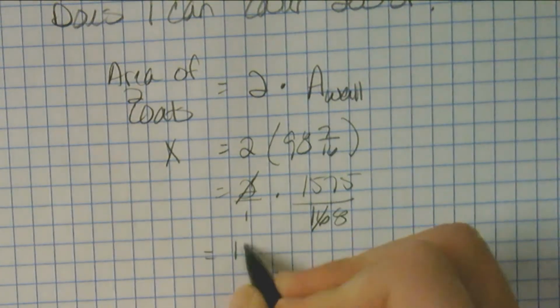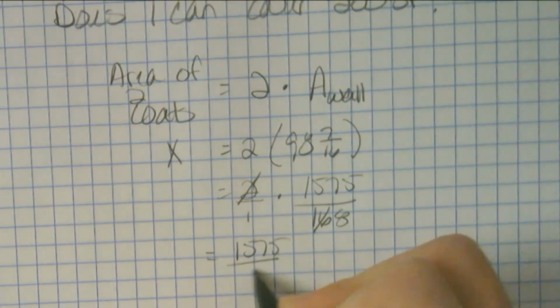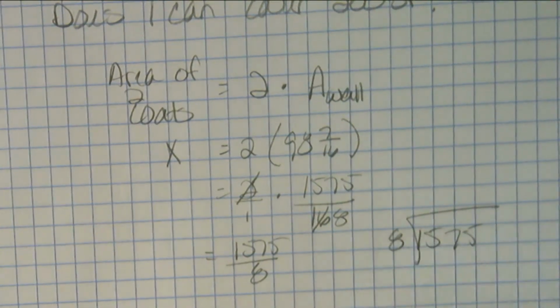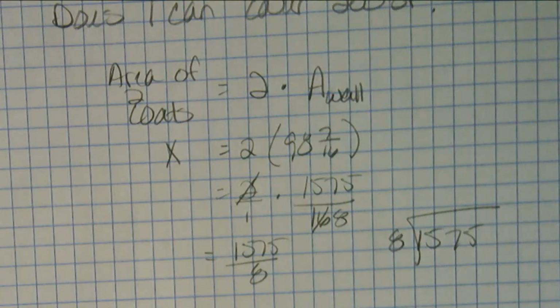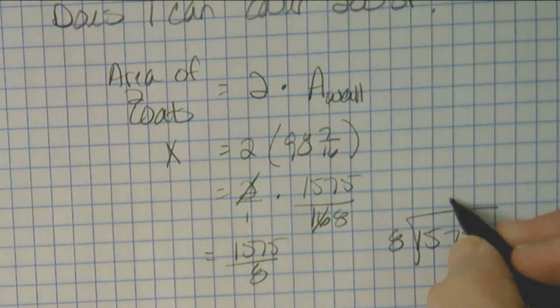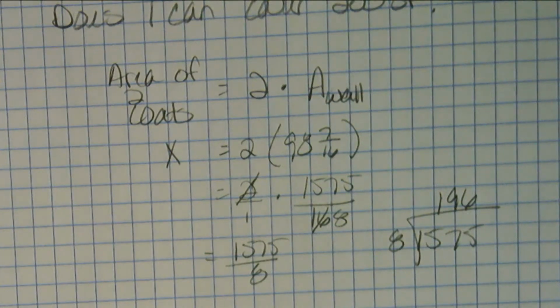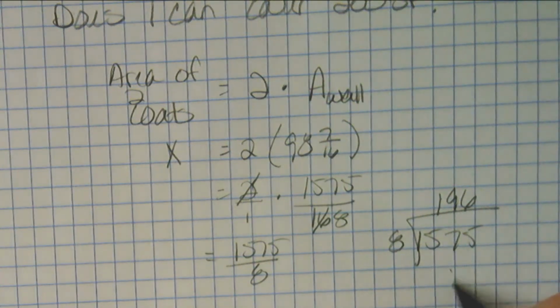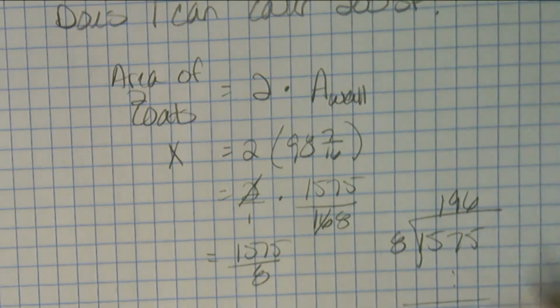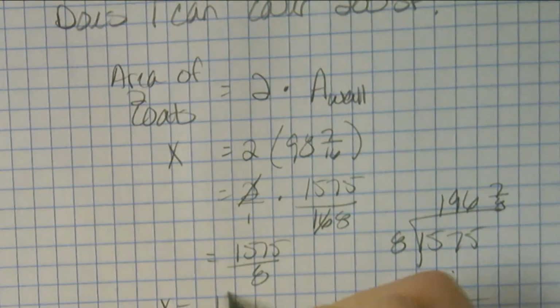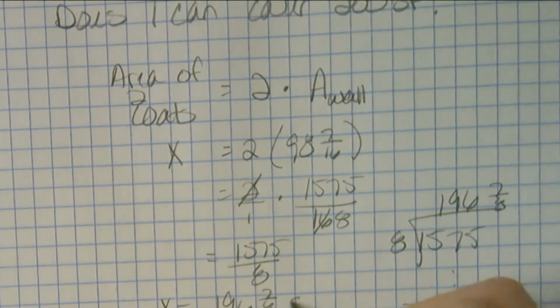So I end up with 1,575 over 8. I'm going to go ahead and do that division. All right, I'm just going to do this really quick. I have 196. So 8 times 196 minus 1575. This is going to give me a remainder of 7. So my area is 196 and 7/8 square feet.